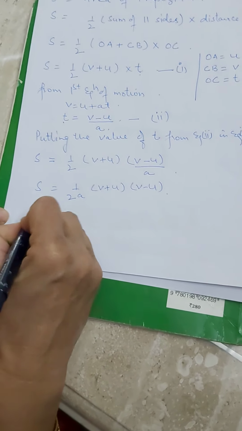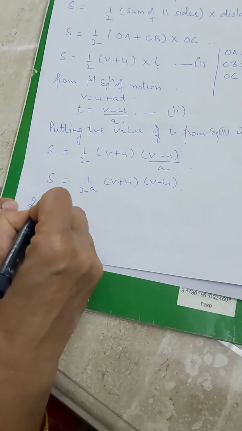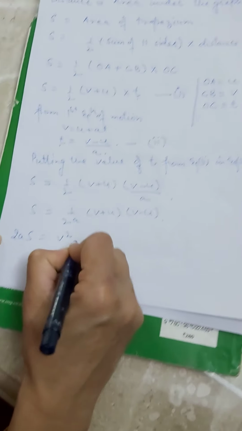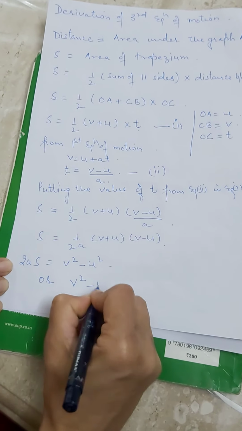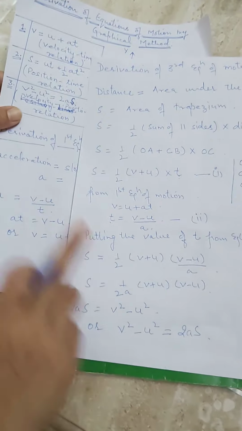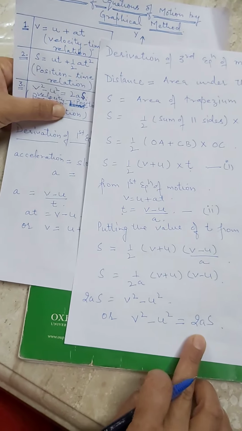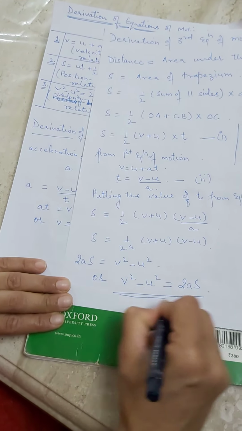Taking 2A this side, 2AS is equal to V square minus U square, or you can say V square minus U square is equal to 2AS. This is the third equation of motion.